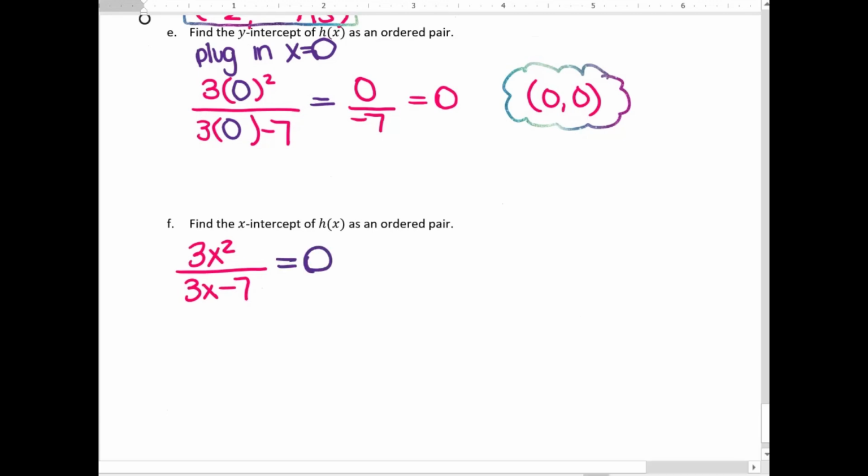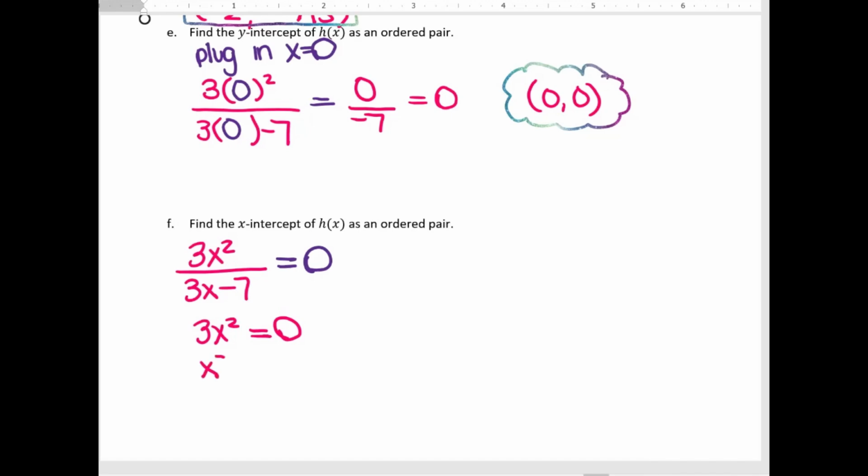But remember, whenever we have just a fraction equal to 0, we don't really care about the denominator, because we could multiply both sides by 3x minus 7 and make it go away. We really only care about the numerator when we're finding the x-intercept of our rational function.